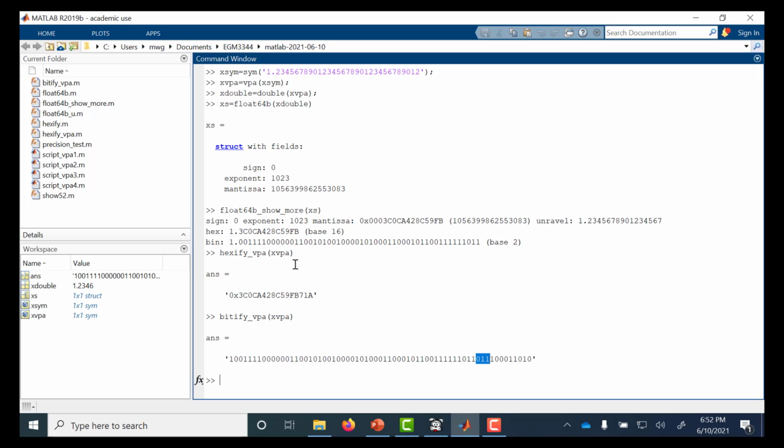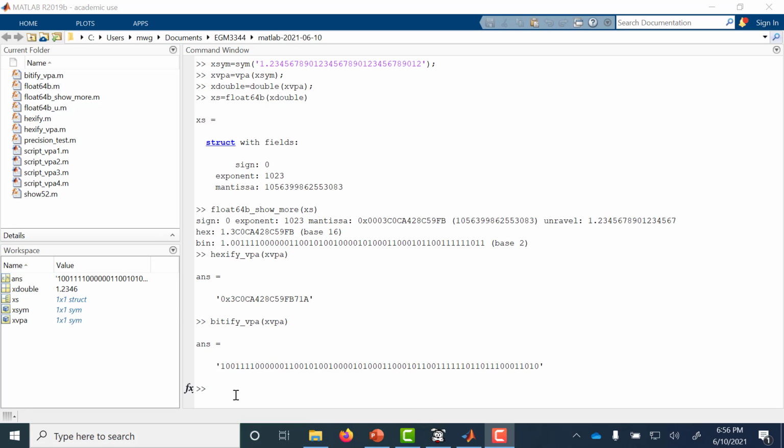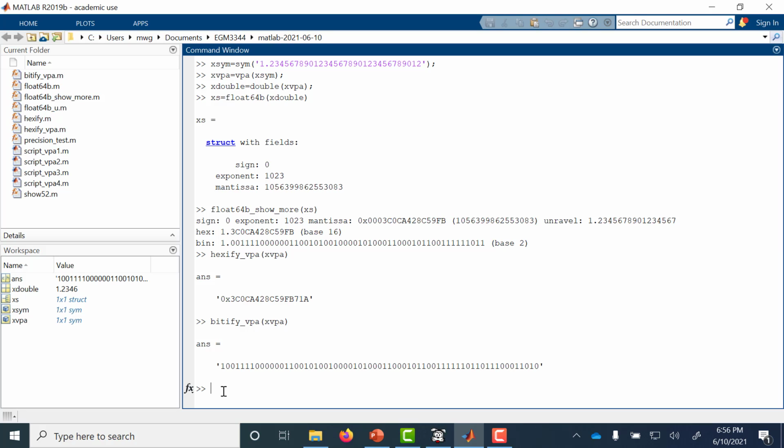What I thought about now is seeing if I could use the VPA arithmetic to actually calculate relative error. Let's see what we get. So if I have relative error, let me pick up right here. I'm going to do an absolute value of XVPA minus this bit right in here. All of this is a symbolic version of the floated value.